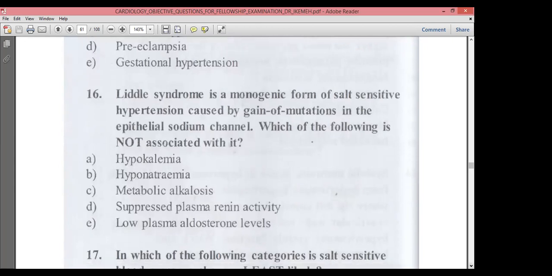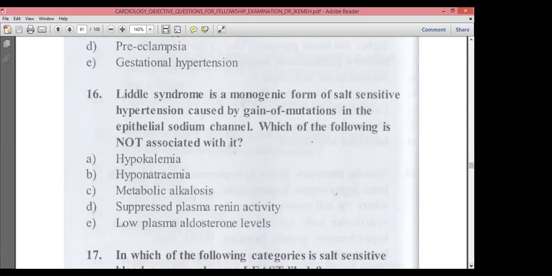Liddle syndrome, a monogenic form of salt-sensitive hypertension. Of course, it is caused by gain of function mutation in the epithelial sodium channel. So this is one of the secondary causes of hypertension that affects the sodium channels in the distal tubules and collecting duct.